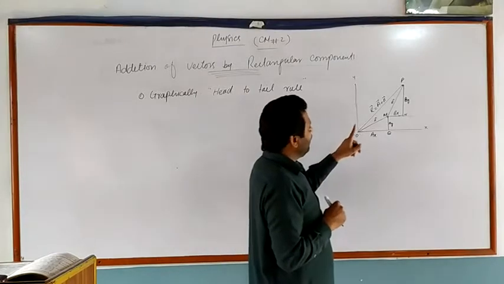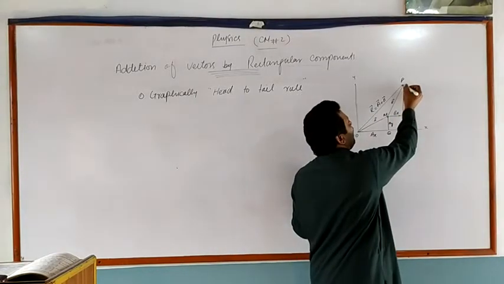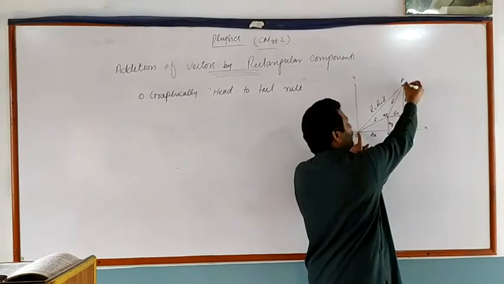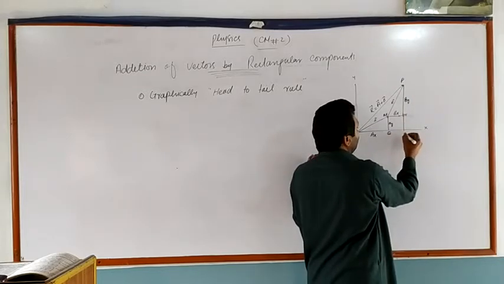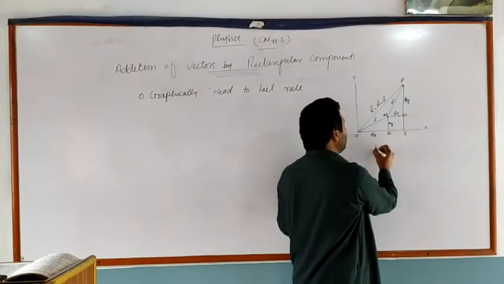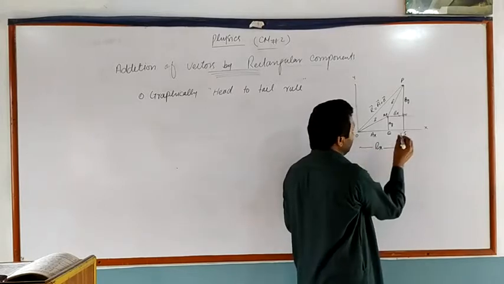Similarly, vector R will be resolved into two components by drawing a perpendicular from the head of this vector R, which is point P, on the x-axis. So OS, the distance from O to S, is the x component of vector R, meaning Rx.